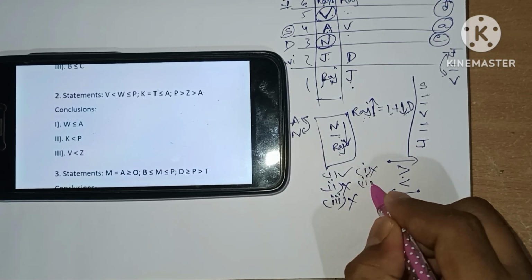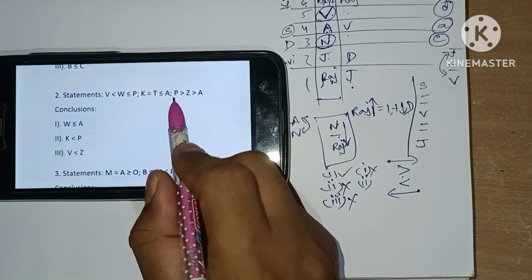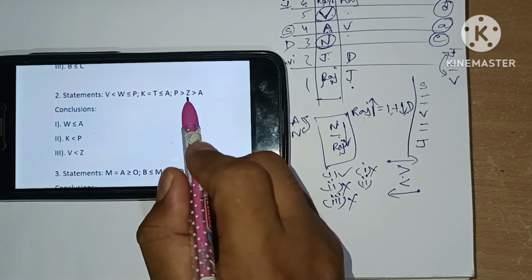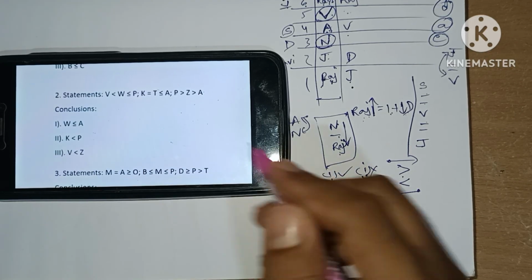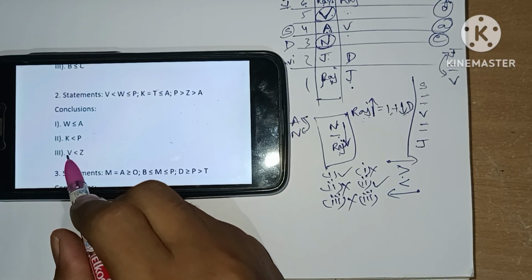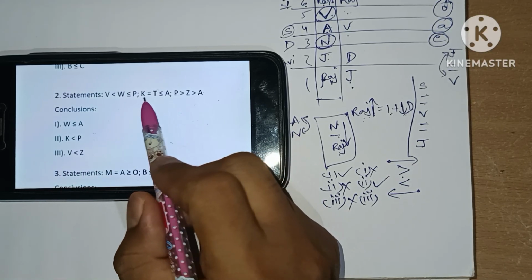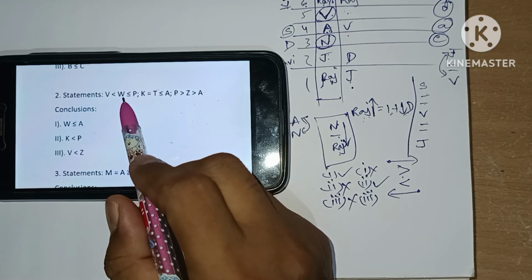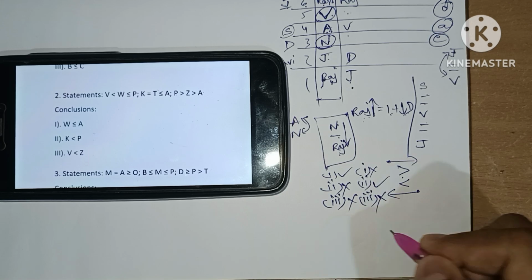Second conclusion, the flow from P to K. From P we can reach Z. From Z we can reach A. From A we can reach K. So the second conclusion will be true. Third conclusion, the flow from Z to V. From Z we can reach A. From A we can reach K, but cannot reach V. So the third conclusion is false.